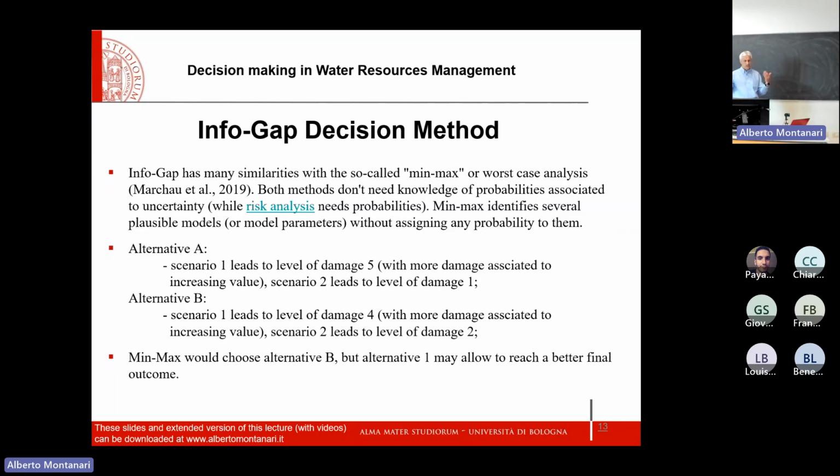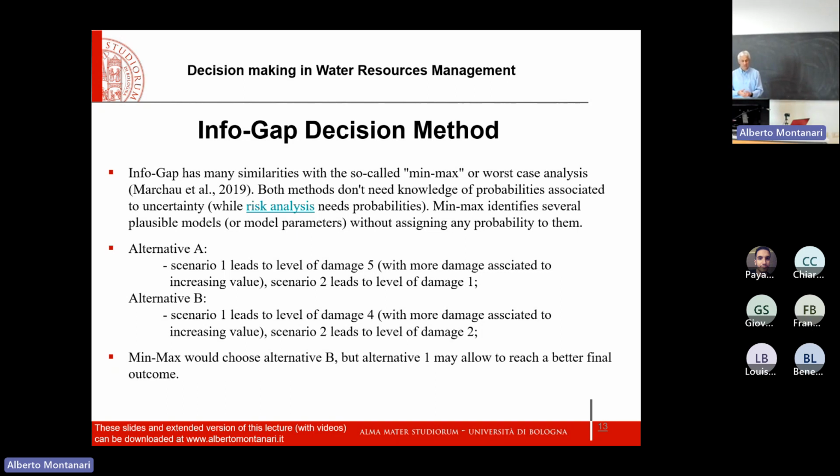So basically, if I select alternative A, I may have quite a reduced damage, 1, but if I get future climate 1, scenario 1, I have quite a big damage. So alternative A with the two climate scenarios gives, for one climate scenario, a huge damage, for the other climate scenario, quite a reduced damage.